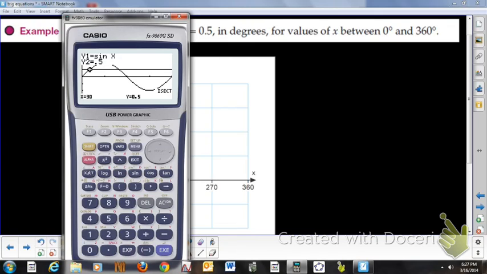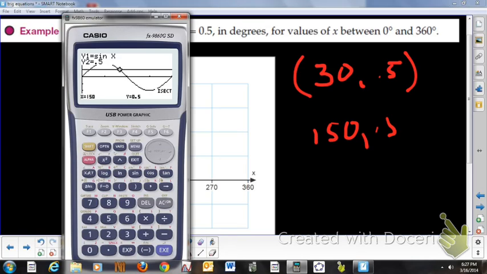We ask it to find those points of intersection. So there's the first point of intersection, 30 and 0.5, and then we get it to scroll over, and it's now at the second point, which is 150 and 0.5.